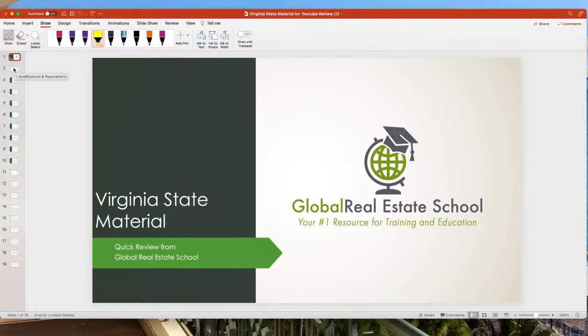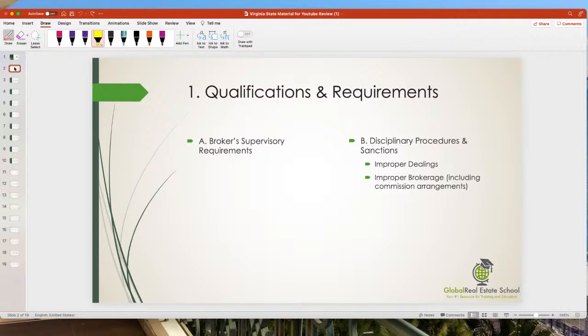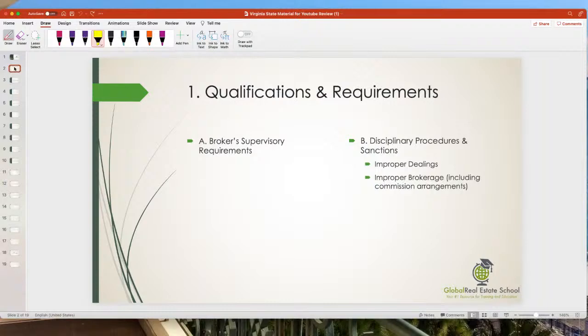So remember, what I'm actually doing here is taking the outline from the testing agency, and we're just following the outline of what they are providing in the candidate handbook that you will be tested over for the Virginia state portion of the exam.